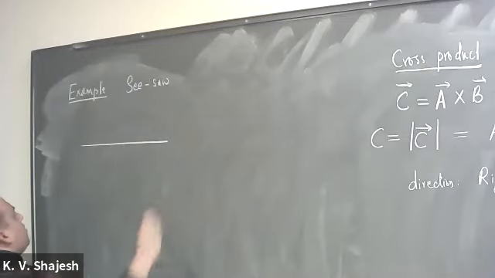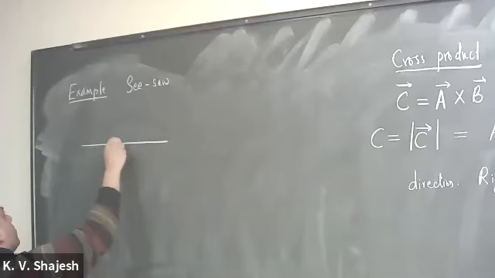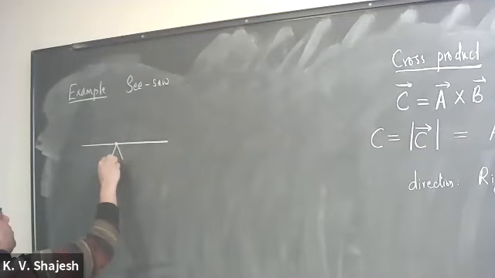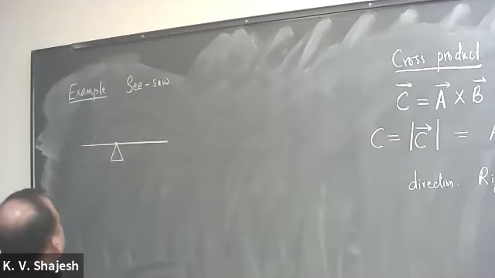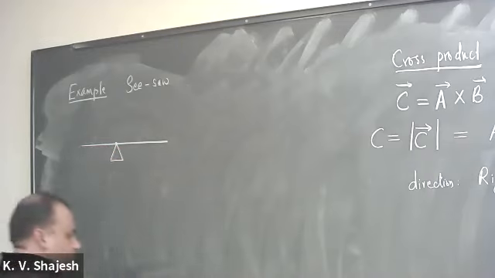You have a plank which is, let's say, uniformly distributed so that its center of mass is right at the center, and there is a fulcrum here, so just an object on which this can balance. If everything was perfect, this would balance here horizontally.